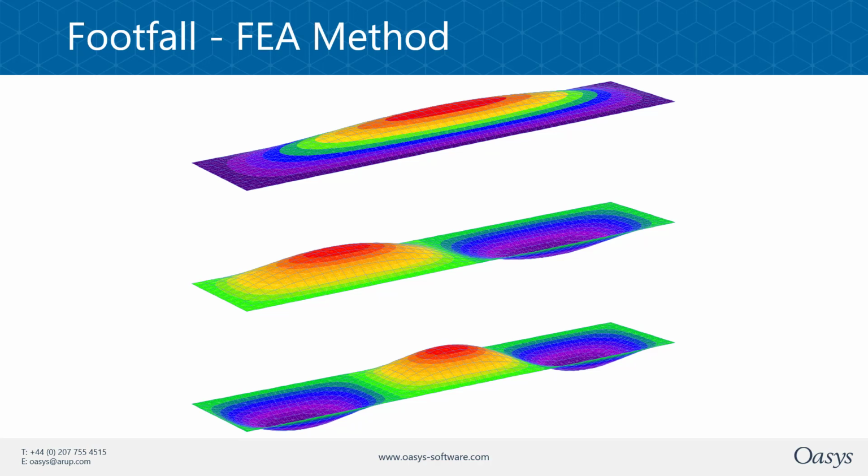Now, this FE approach requires the analysis of a subframe in the case of a floor, or the entire structure in the case of a stair or a bridge. The first stage is to find the vibration modes and the corresponding frequencies up to a cutoff point. What that cutoff point is depends on the design guide being used, the respective maximum walking frequencies, and the fundamental frequency of the structure in question.